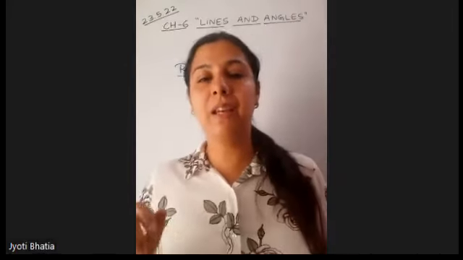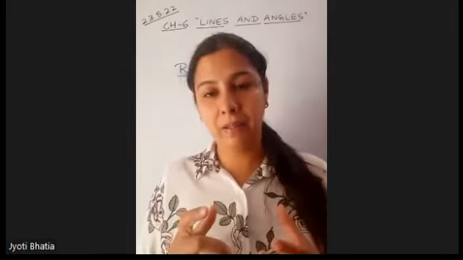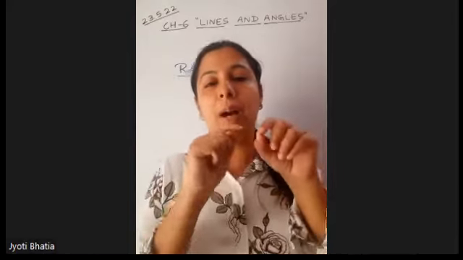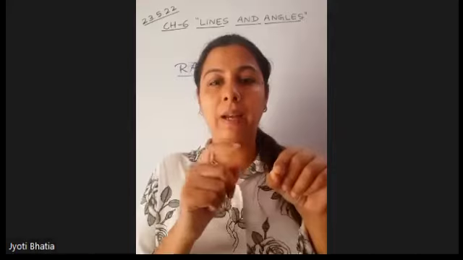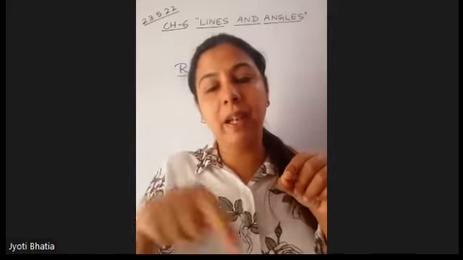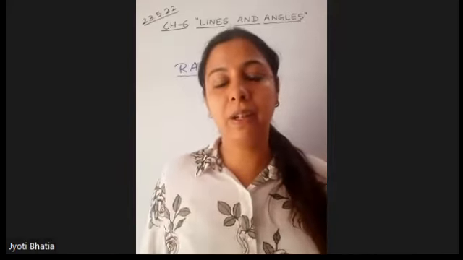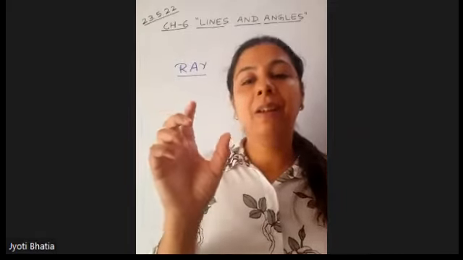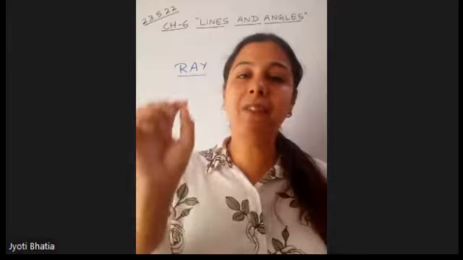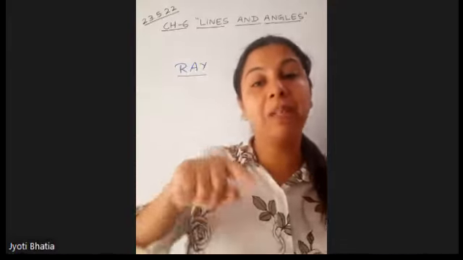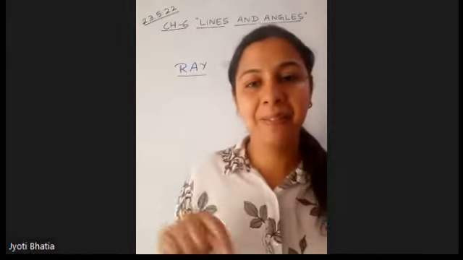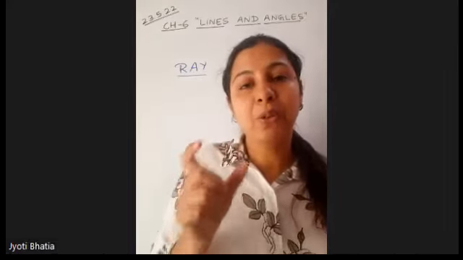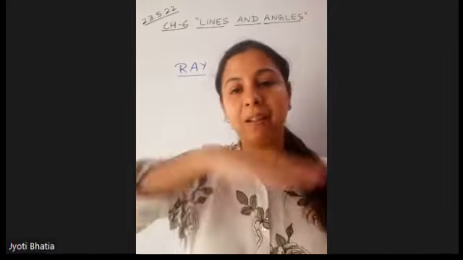Acha, if I say a straight path, ray is a straight path which has got one fixed point and the other end can be extended indefinitely, infinitely. A straight path, ma'am, is correct. A straight path having just one fixed point. So that means the other one is not fixed.